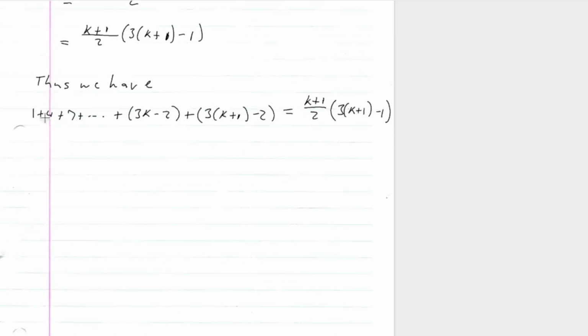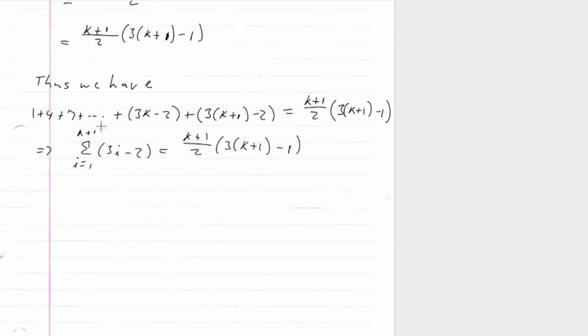So, aka, the sum from i equals 1 to k plus 1 of the sequence 3i minus 2 is equal to k plus 1 over 2 times 3 times k plus 1 minus 1.